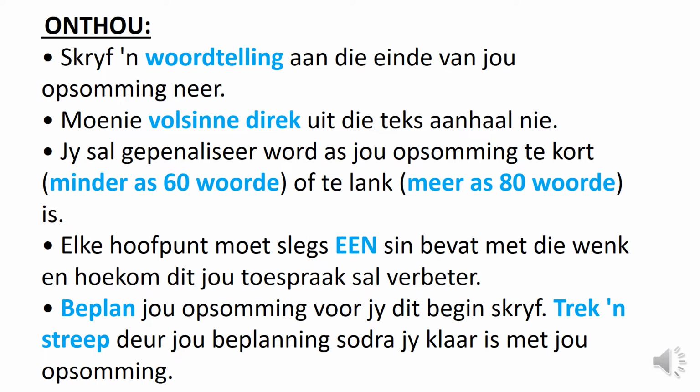So, for instance, if you don't have a woordtelling, you don't have a word count, you haven't drawn a line through the summary, which is two things that you don't even have to use your brain for, because hopefully you know how to count, you know how to draw a line, two skills that you've learned in grade 1. If you don't have those two things, you lose 2 marks. Then you start off with 8 out of 10 already, and it's for something so silly.